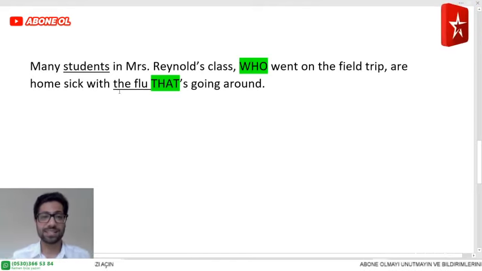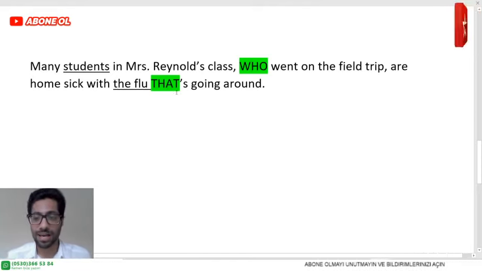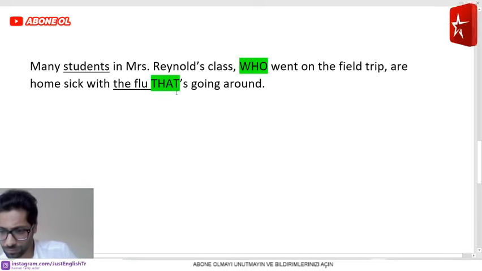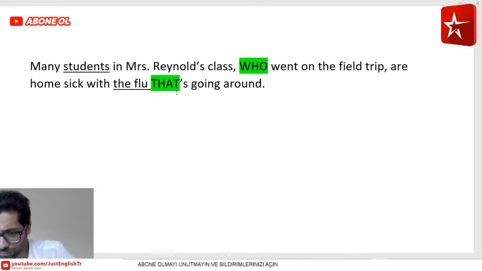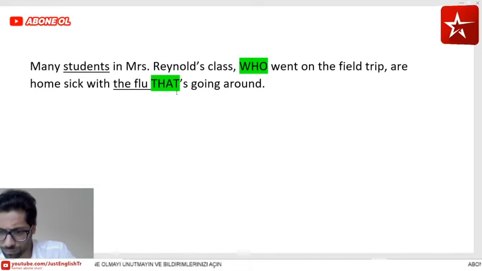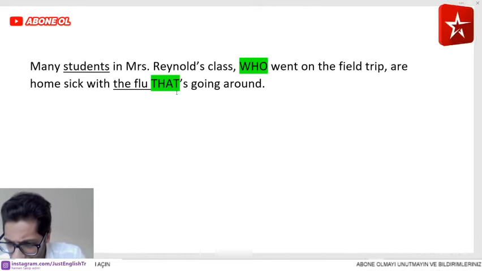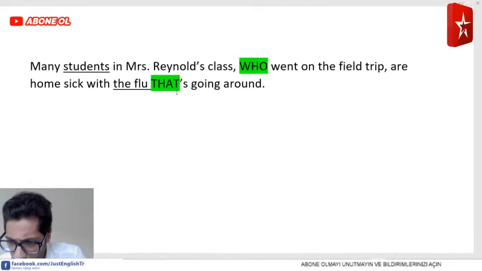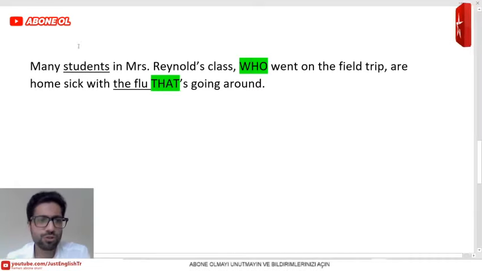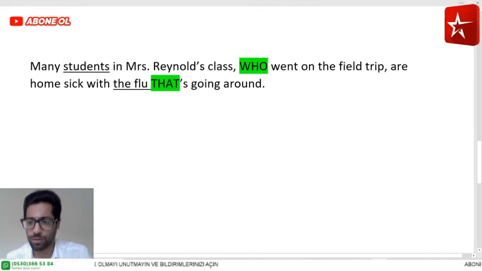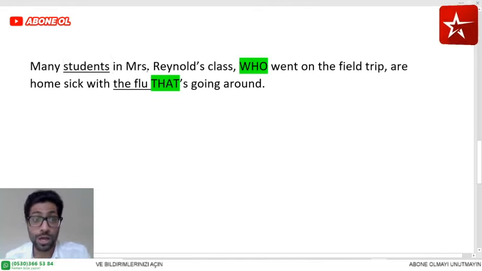Now, in this case, we have another adjective pronoun. Many students, it's a noun. It's not a subject. No, this is a sentence.